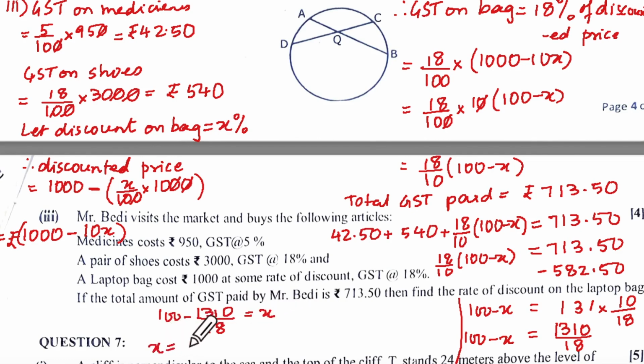So x is equal to, if I take LCM, it will be 1800 minus 1310. So 18 stays as it is, and 1800 minus 1300 will be 500. 500 minus 10 is 490.